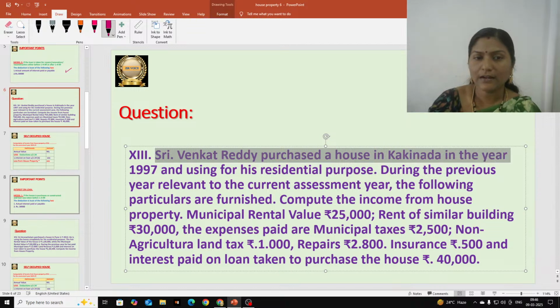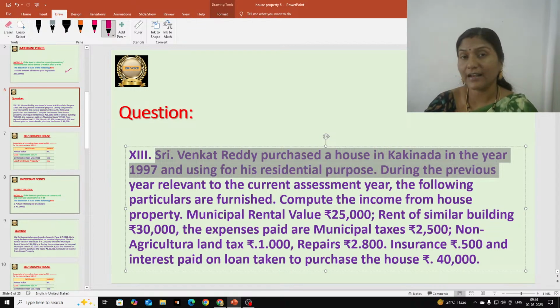He purchased it in the year 1997 and is using it for his residential purpose, which means he is staying in the same house. So it is a self-occupied house.